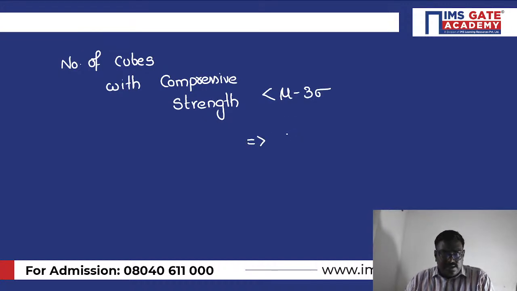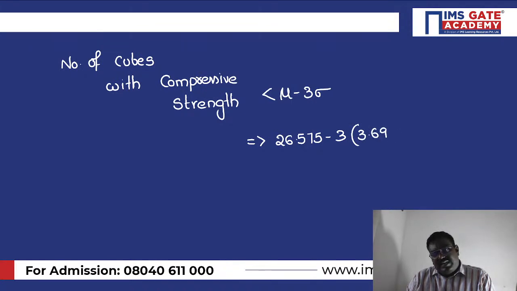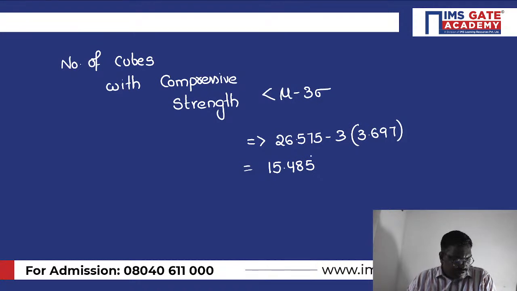Mu is 26.575 minus 3 times the standard deviation, which is 3.697. So if we calculate this, mu minus 3 sigma is nothing but 15.485 Newton per mm square.